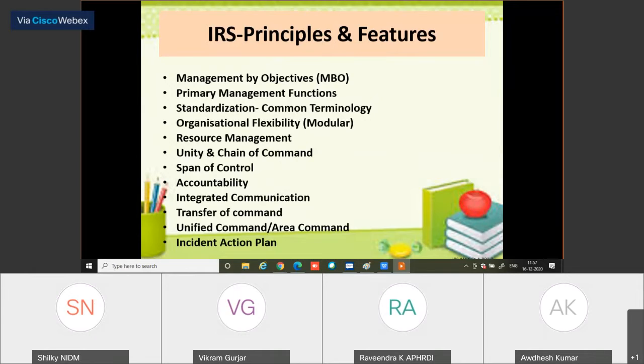So if we discuss IRS principles and features, we can say this is management by objective. Basically, it has 12 features: management by objective, primary management functions, standardization, organizational flexibility, resource management, unity and chain of command, span of control, accountability, integrated communication, transfer of command, unified command, area command, and incident action plan.